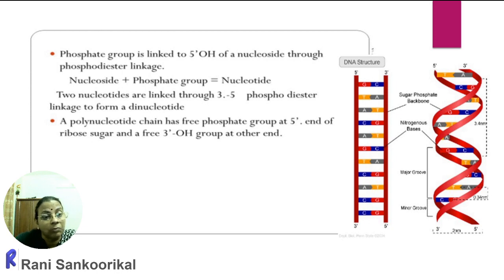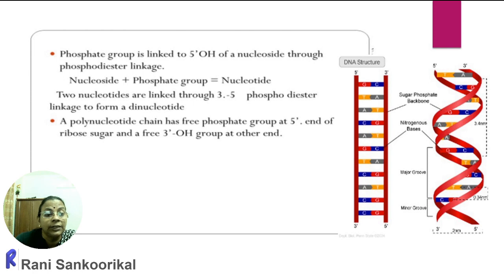Complementary base pairing means that if one side has a purine such as adenine, the other side will have a pyrimidine, and there is specificity. Adenine always binds with thymine with two hydrogen bonds, and cytosine binds with guanine with three hydrogen bonds.